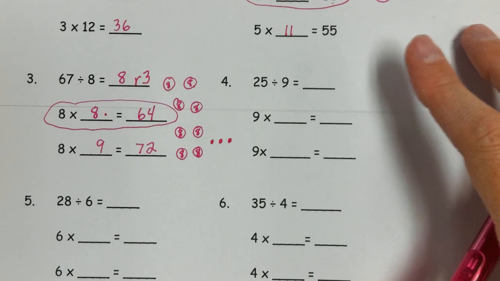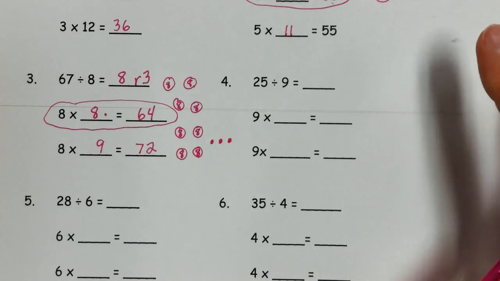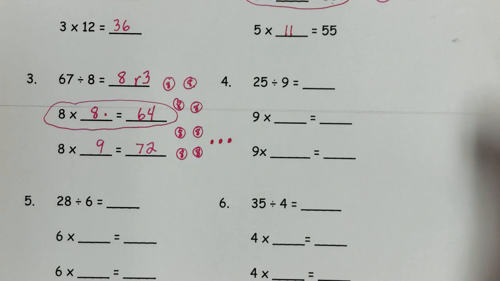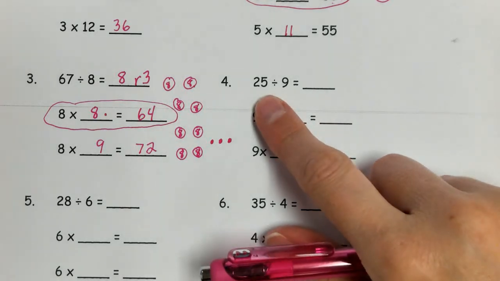All right, 25 divided by 9. Cody, what multiples of 9 are going to help me? What 9 multiplication facts will help me with this? Well, 9 times 5 is 45. Is that close to 25?